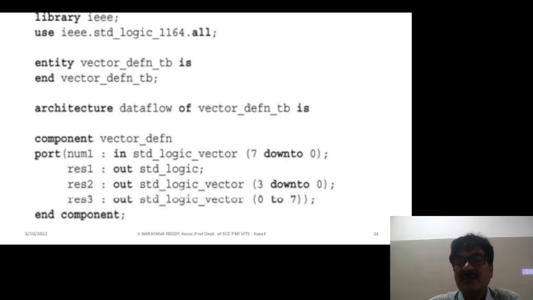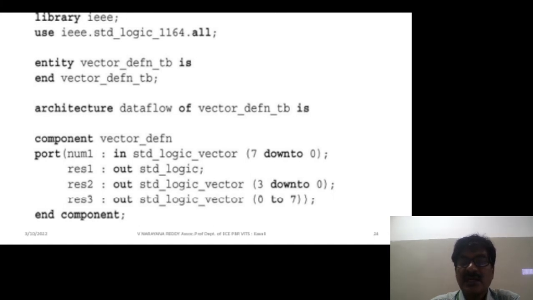First, if you observe here, the architecture name is data flow of the entity name vector_definition_TB. In the declarative part, the main program entity declaration is declared as a component. Without any change, the only difference is that instead of the word entity, component is used, that's all.